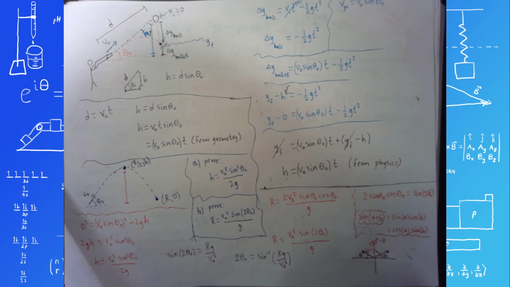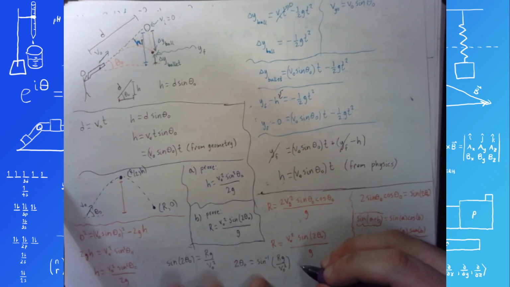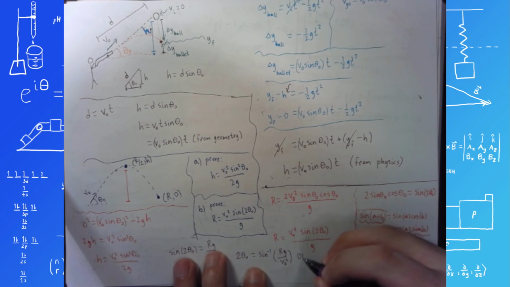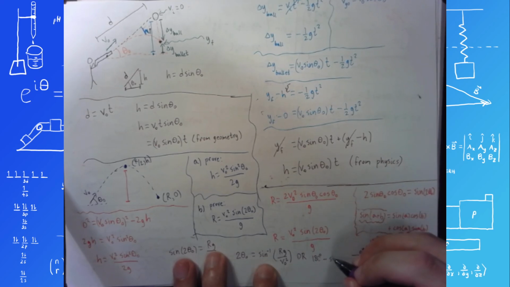So 2 theta 0 equals sine inverse of rg over v0 squared, or 180 degrees minus sine inverse of rg over v0 squared.